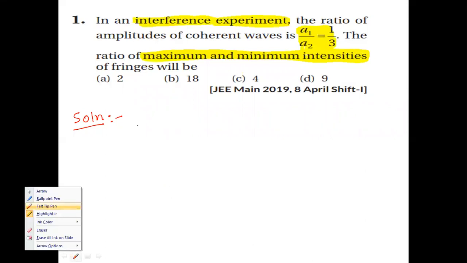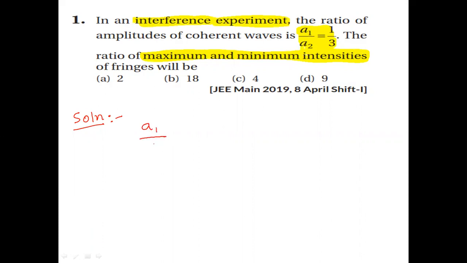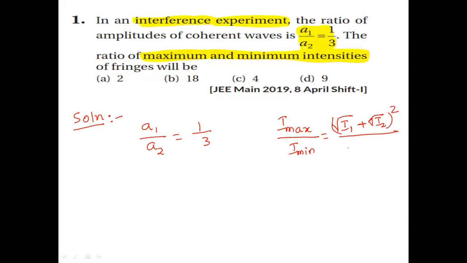Now, you can write A1 by A2 is equal to 1 by 3. The ratio of maximum intensity to the minimum intensity we can write as under root I1 plus under root I2 whole square upon under root I1 minus under root I2 whole square.